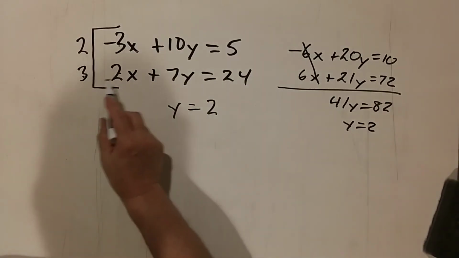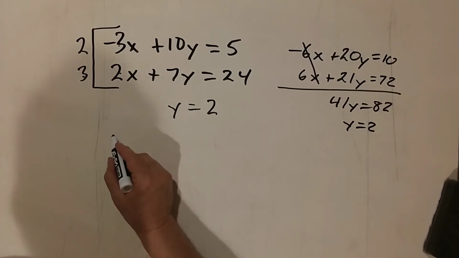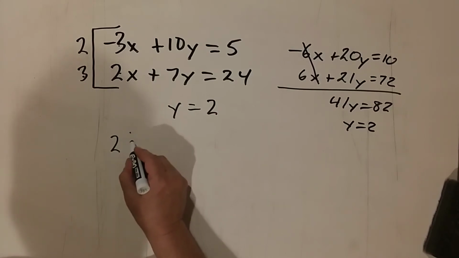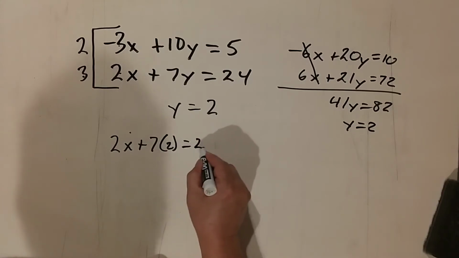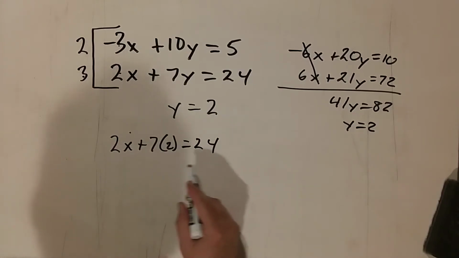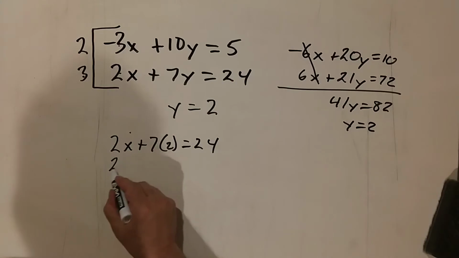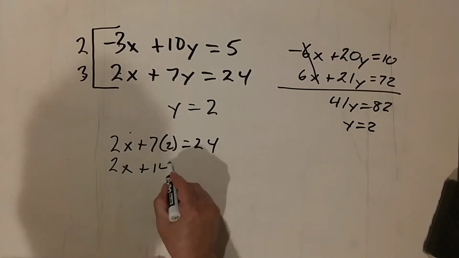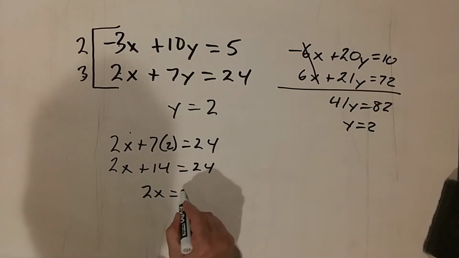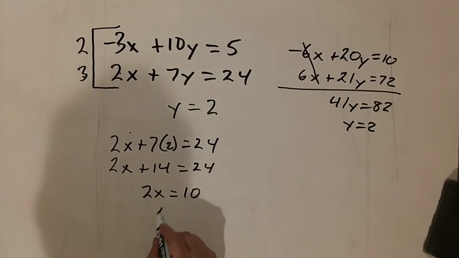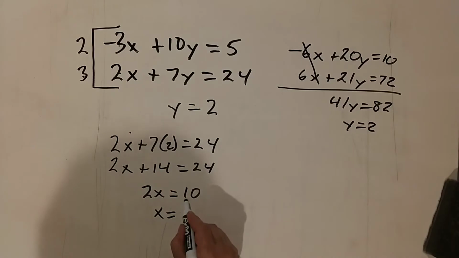I'll plug it into this one. 2 times x plus 7 times 2 equals 24. This means 2 times x plus 14 equals 24. 2x equals 10, and x equals 5.